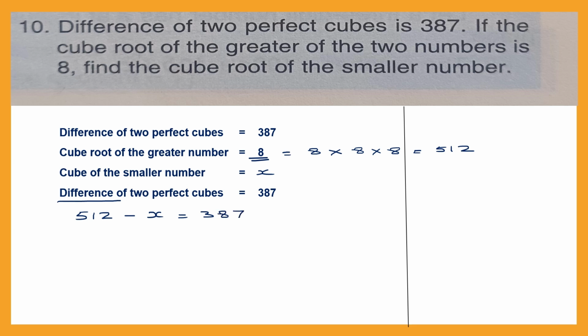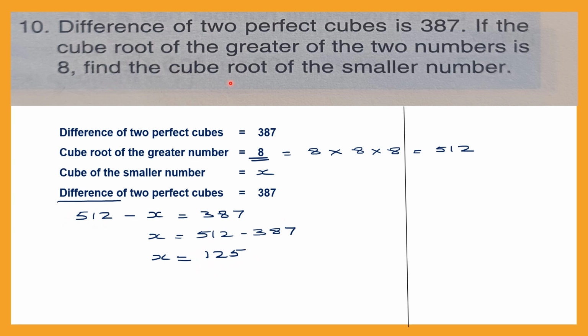Now let's find out x. That is 512 minus 387 will give us x. So when you subtract both, you will get 125. So now we have found the smaller number. So the bigger number is 512, the smaller number is 125.